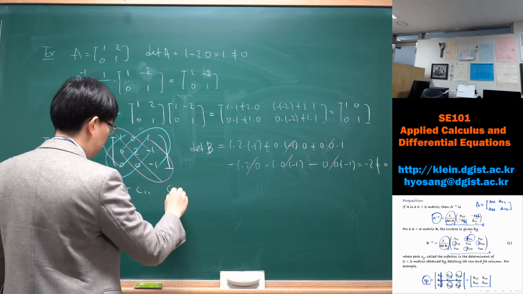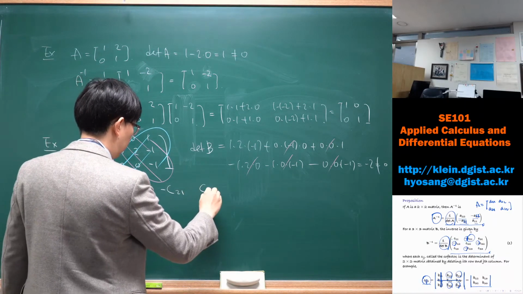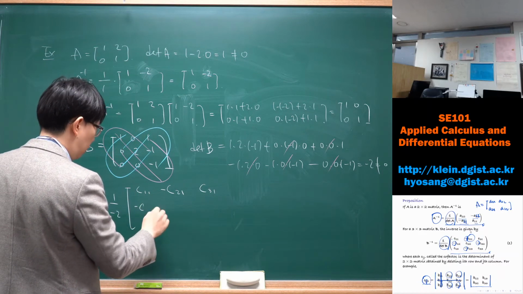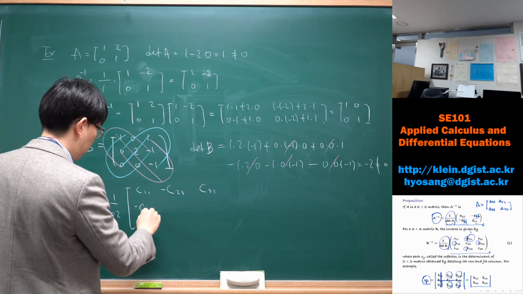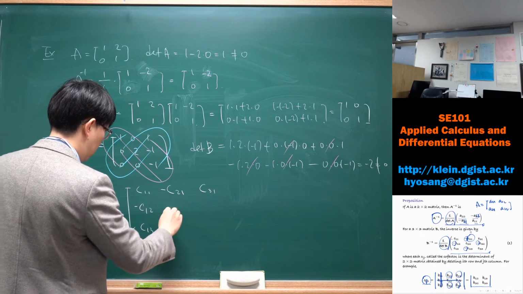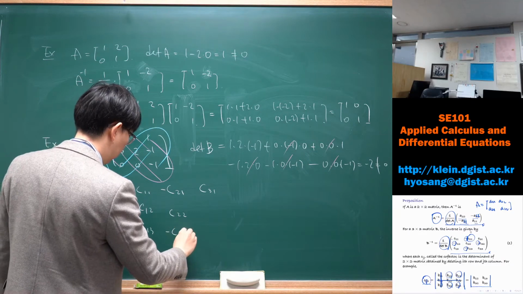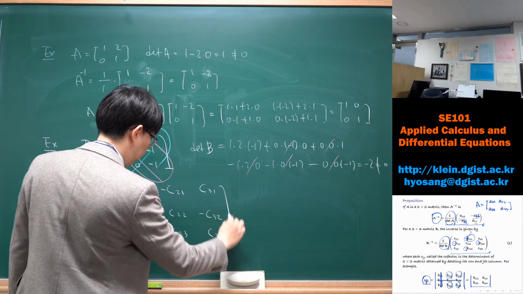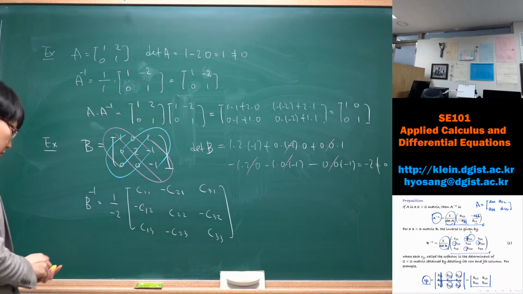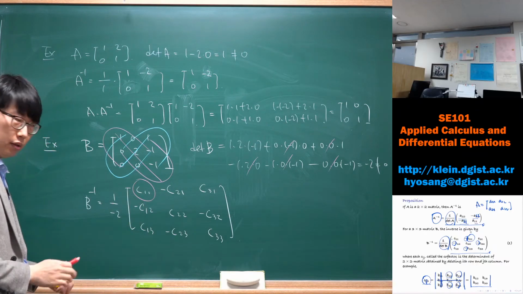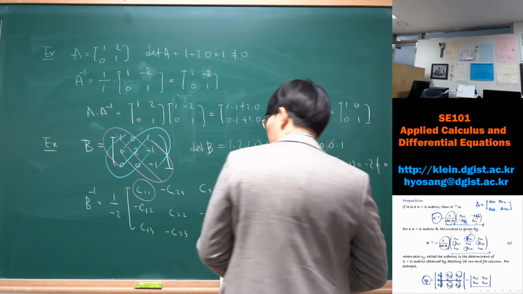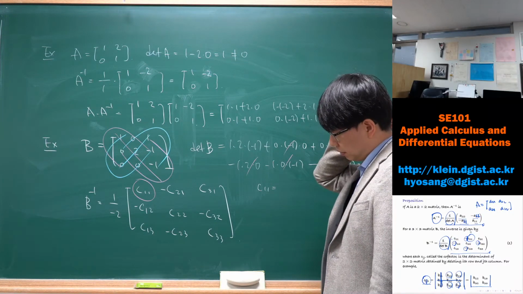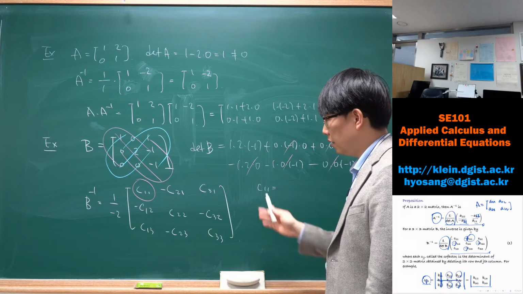C11, C21, minus C31, and so on, and minus C, here we have 1, 2, C13 and C22, minus C23, minus C32 and C33. Let's try to find out C11. I think this computation is long, so keep in mind that this is already a long computation.